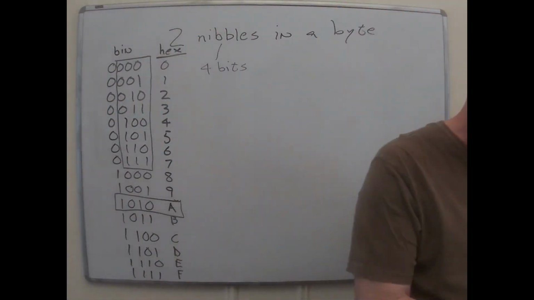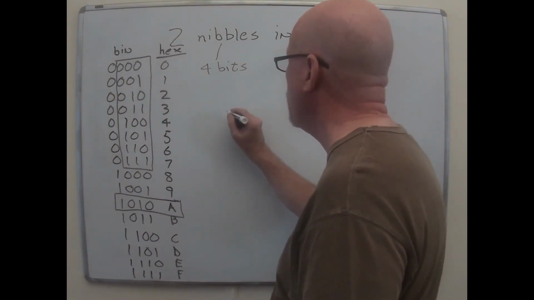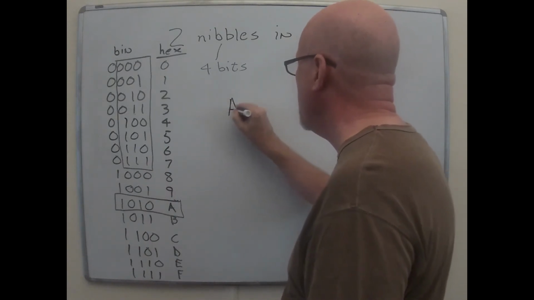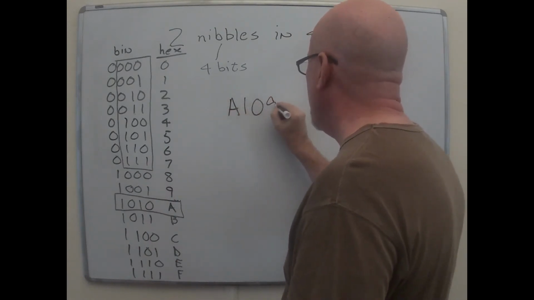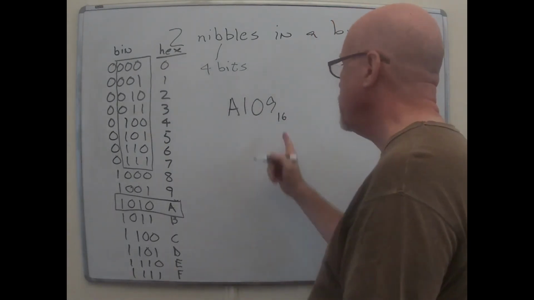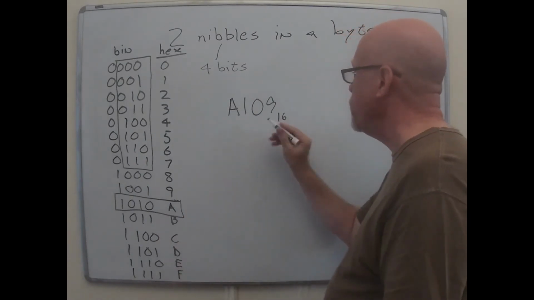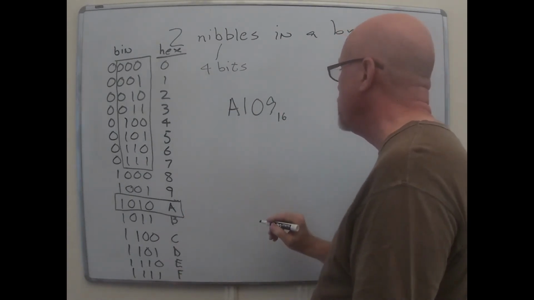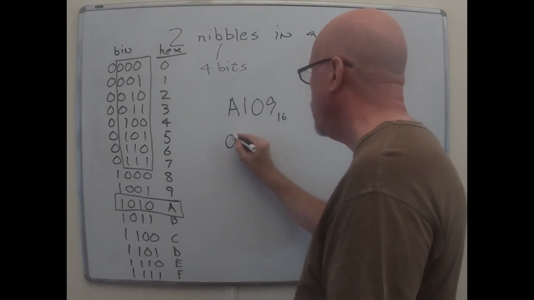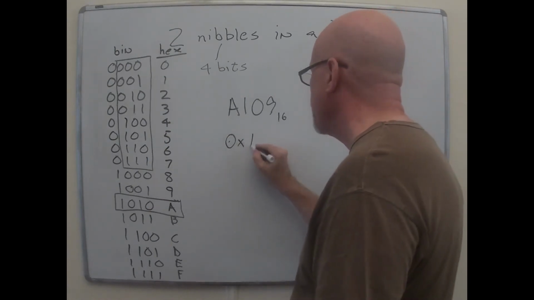So if I have a hexadecimal number, by the way, if you're writing them in the math world, you might say something like A109 and put a 16 subscript on it. If you're doing the same thing in a computer, or writing a string that will be interpreted as a literal hexadecimal number, you write a 0 up front and then an X, and then the digits.